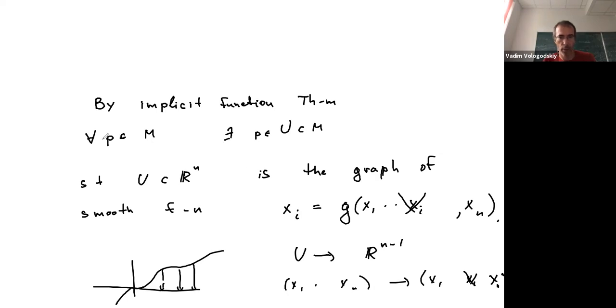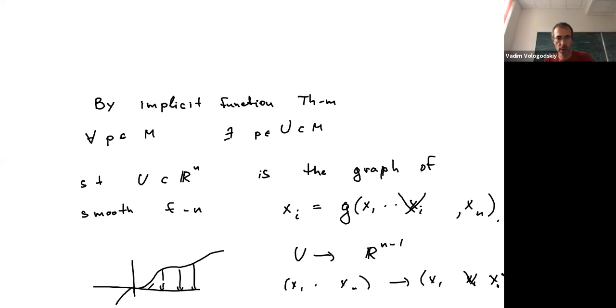So you can do it for any point P. The collection of all these charts forms a smooth atlas. That's the claim. And it's clear that if you use this chart to define smooth functions, smooth functions are precisely the functions that correspond to smooth functions on Rn minus 1.